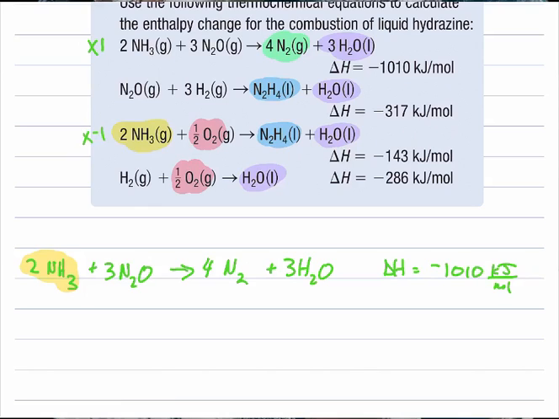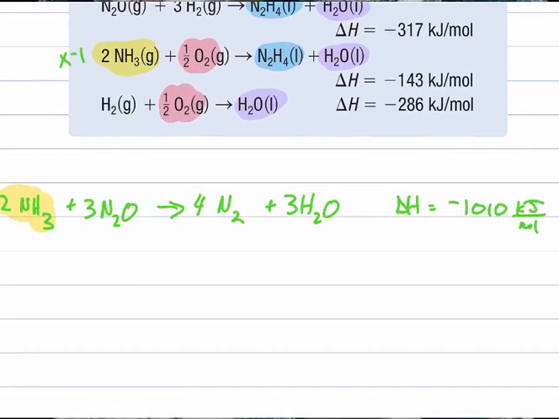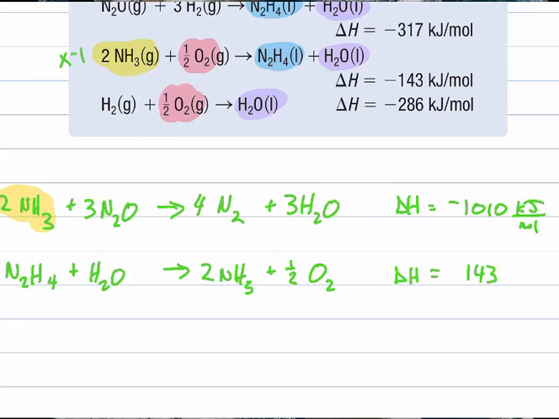If we multiply by -1, that reverses the equation, and it also changes the sign of the delta H. So this is going to end up looking like this. We're going to have 2 NH3s and half an oxygen, and on this side, we're going to have N2H4 and an H2O. And because we've reversed the direction, we change the sign, 143 kilojoules per mole. And we have cancelled our ammonia molecules.